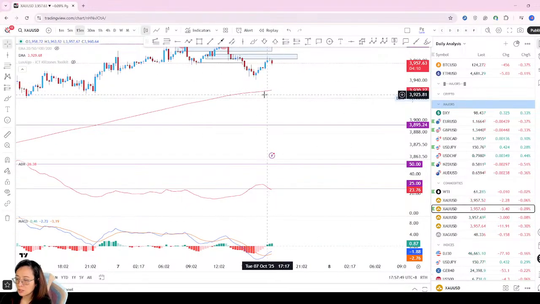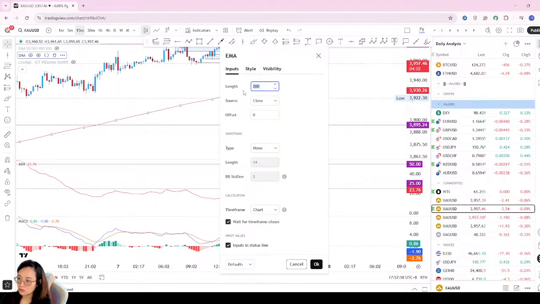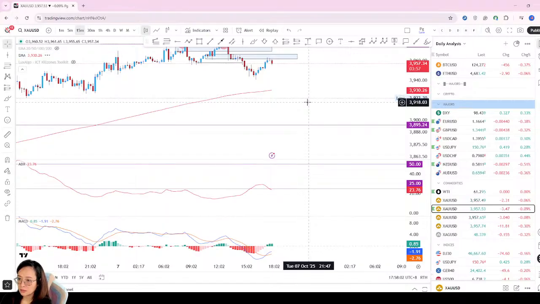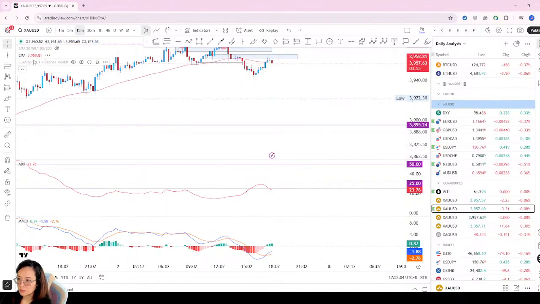Price is still above the EMA 200, right? Let's say we're going to use the 50, which is just now. You can choose to use the EMA 50 for the shorter period.